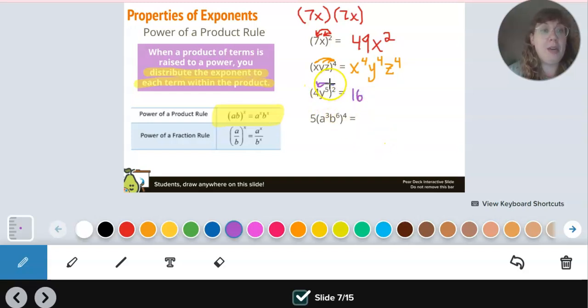And y to the 5th squared, 5 times 2, gets us a y to the 10th. Last one, 5 is outside the parentheses, so it is not raised to the 4th power, so that stays just as it is. A cubed to the 4th power, 3 times 4 gets us an a to the 12th. And b to the 6th raised to the 4th power becomes b to the 24th, 6 times 4.